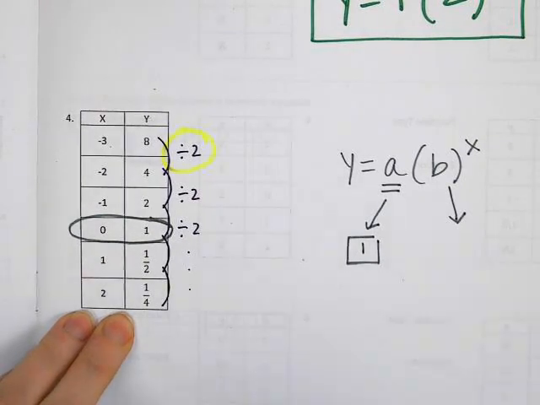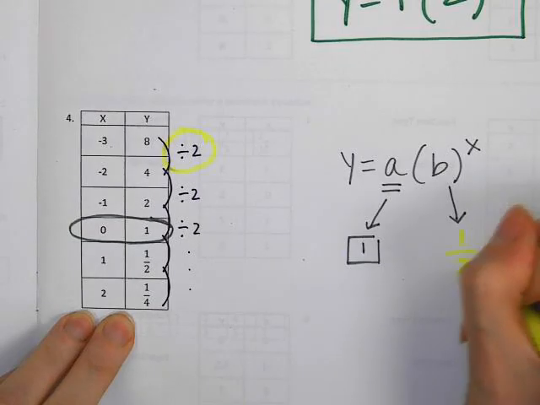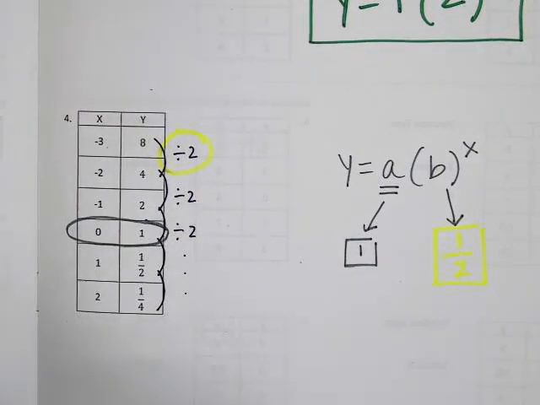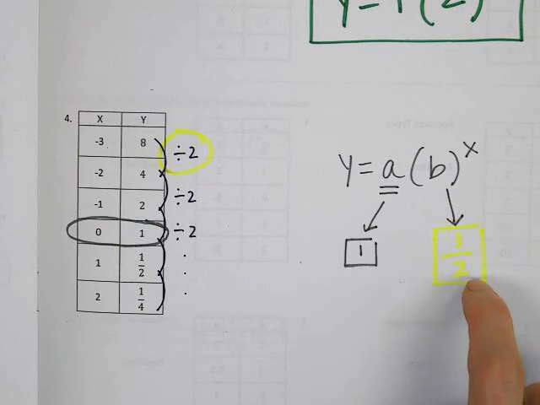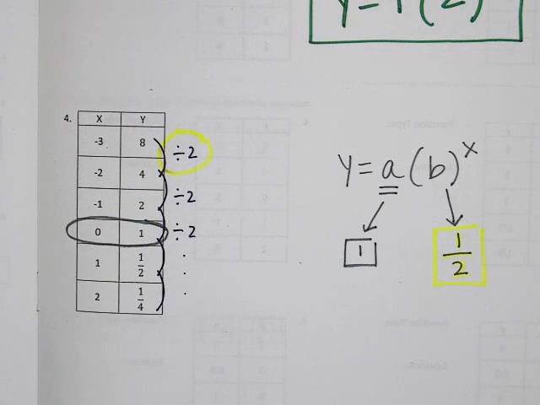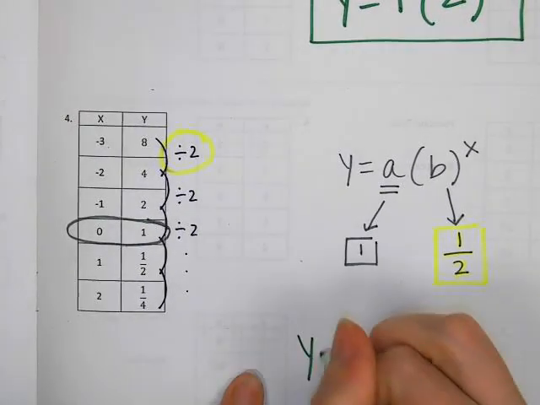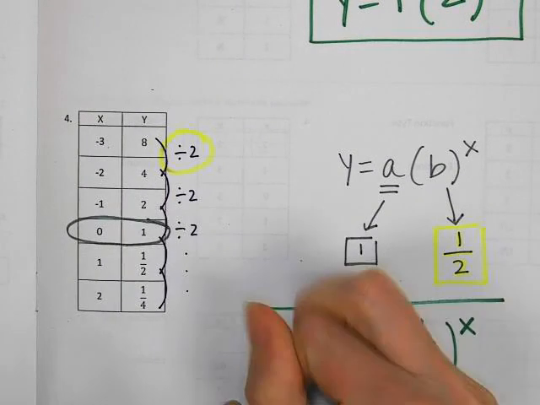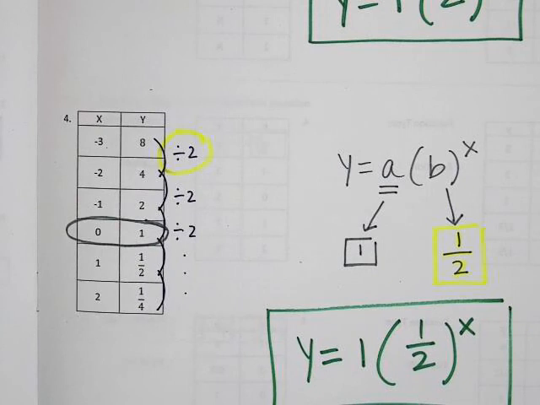Remember we turned it into a fraction and it's 1/2. Anytime you're dividing, you just write it as a fraction, 1 over that number. So b is 1/2. Final answer, plug everything in. y equals 1 times 1/2 to the x power. And that is your model.